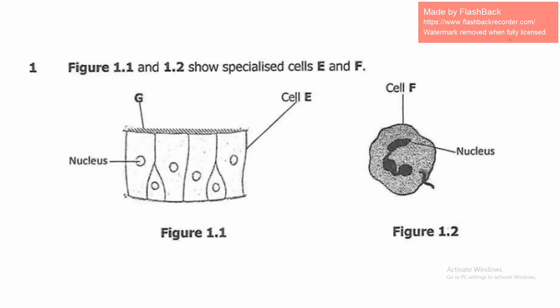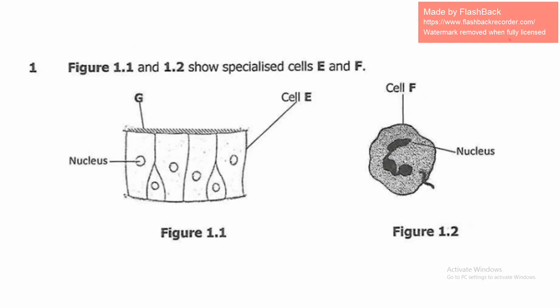Just looking at its structure, the structure can give you which type of white blood cell it is between those two types. Looking at this one, the nucleus is lobed. If you don't know the two types of white blood cells, we have the phagocytes and the lymphocytes.